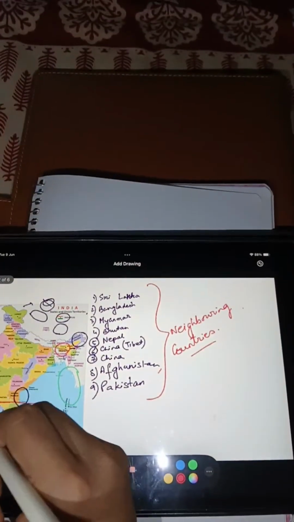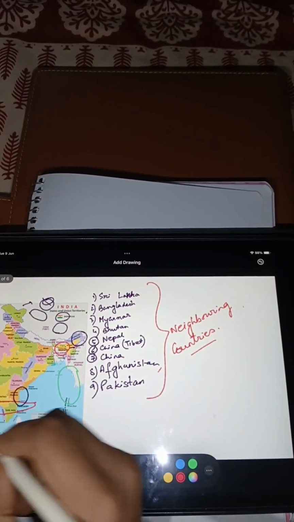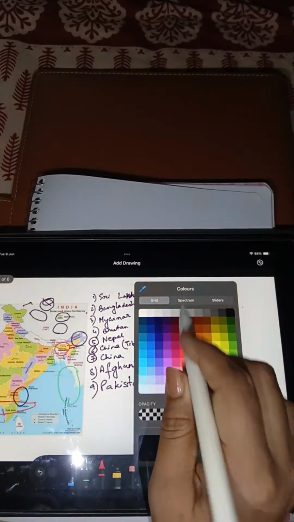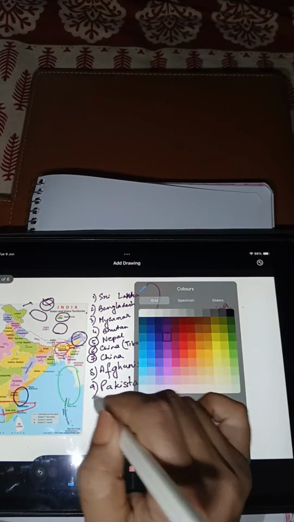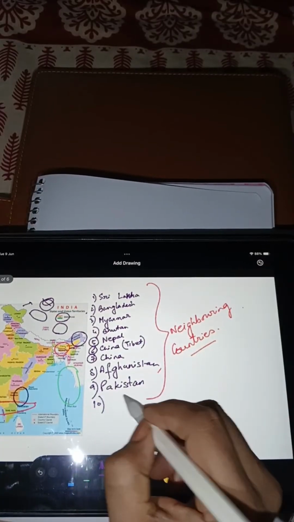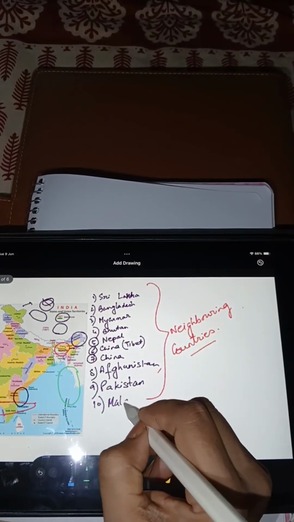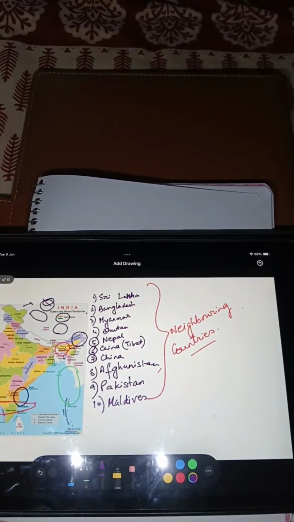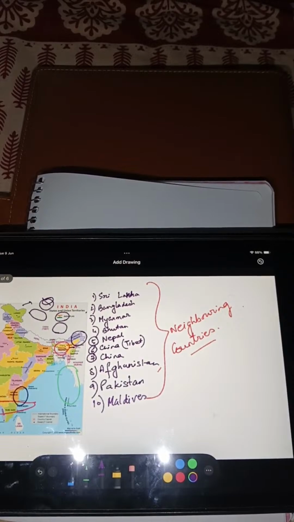And there is another one, here it is mentioned, the Maldives. It is located up here, just beside Lakshadweep.